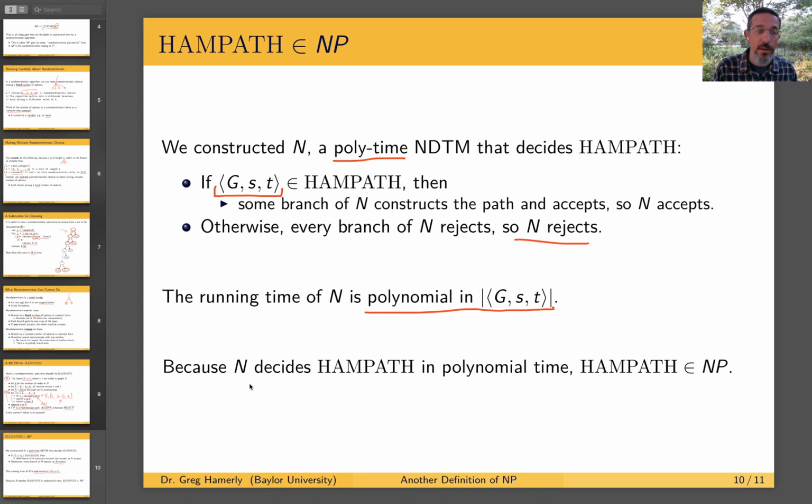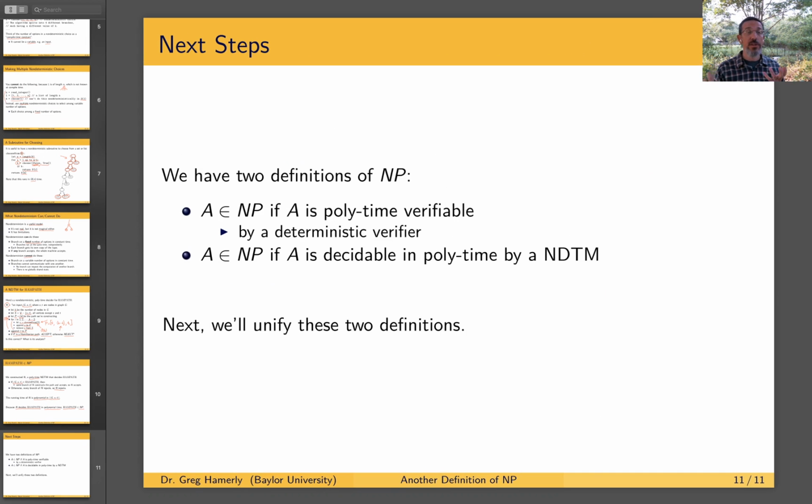So the end of our proof then is, because N decides Ham path and it does so in polynomial time, Ham path is a member of NP. This is applying the new definition of NP that we have. So now we have two definitions of NP. We have a previous definition from a previous lecture that A is a language that belongs to NP if A is polynomial time verifiable by a deterministic verifier.